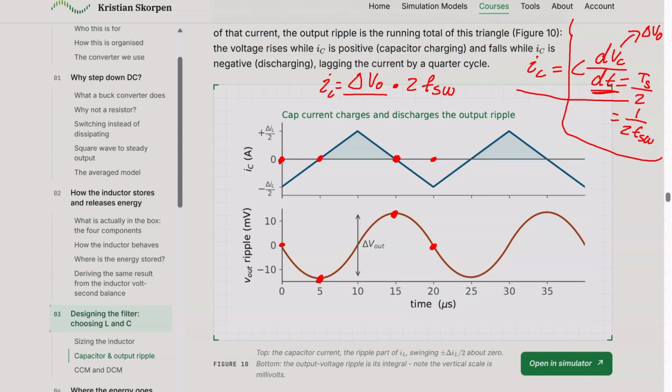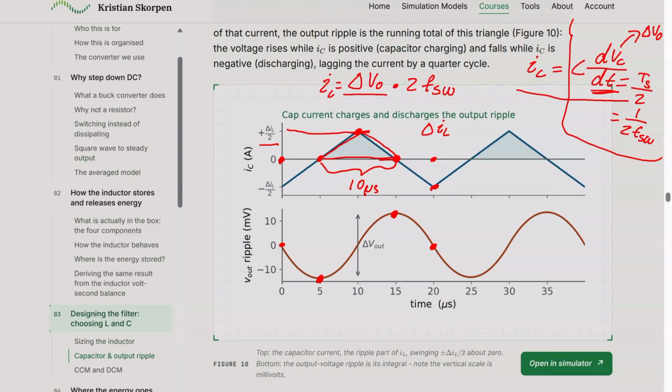And if you do that, you can see that here we have the ripple of the current, which is delta IL, and then the amplitude here becomes equal to delta IL divided by 2. And now remember that we are only interested in this period here, right? 1/2 period. And during that period, what is the average capacitor current? Well, because it's basically a triangle, it would be half of the amplitude.